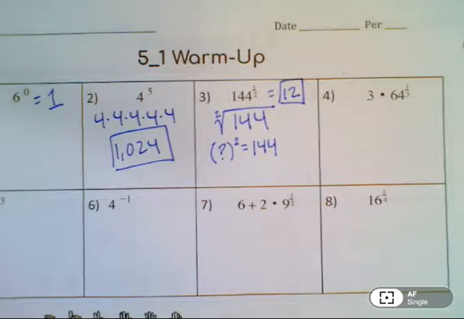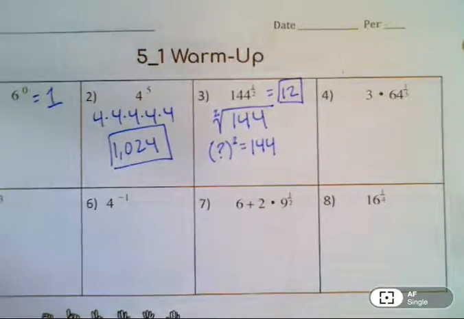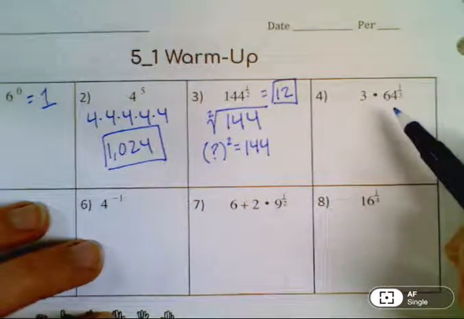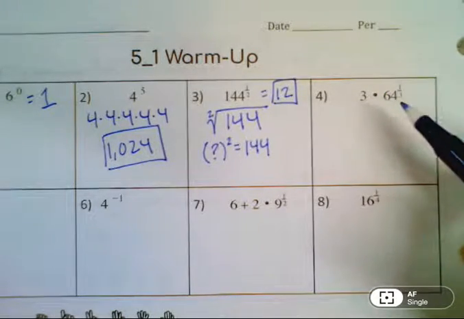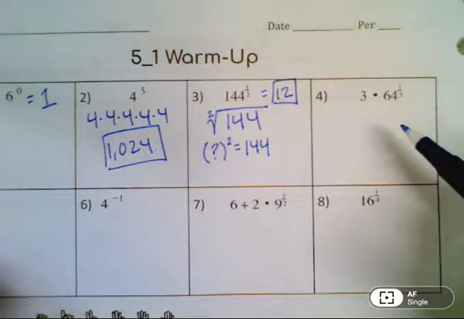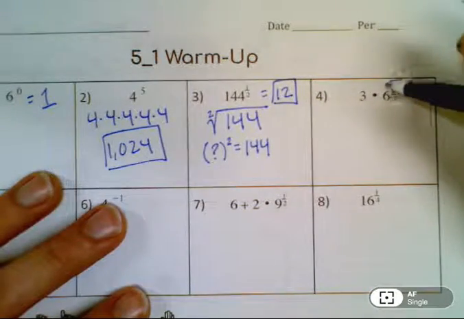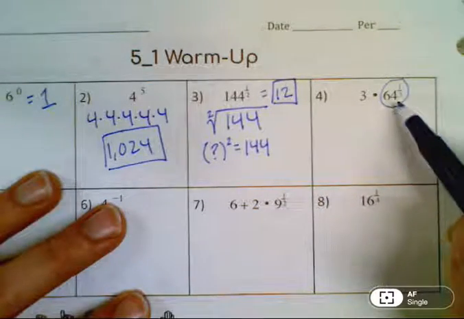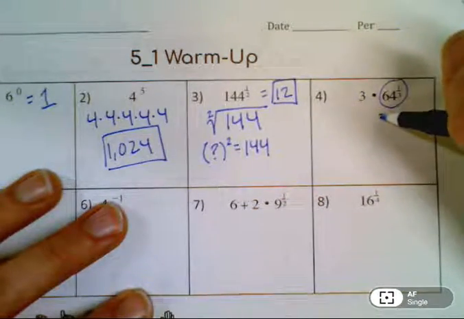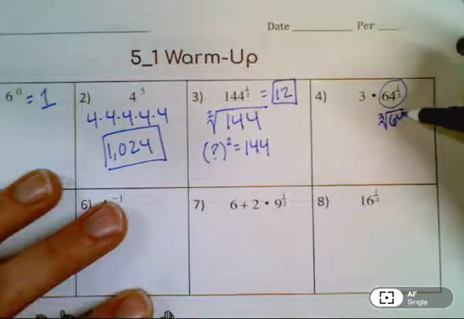So now we get into some harder stuff because this is order of operations. You can look at the poster at the front of the room. First step is always grouping. There's no grouping here. So the second step is exponents and roots, which means we have to deal with this exponent first before we multiply. 64 to the 1/3 power means the third root of 64.